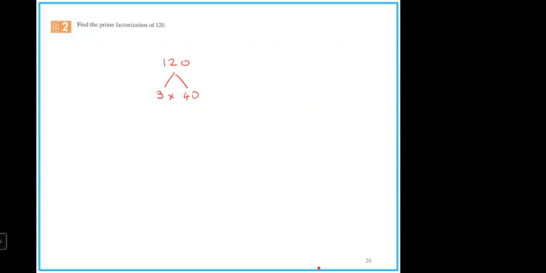Any of those prime? Only 3, not 40. So we circle the 3 because it's prime. All right, so the 40 could now be broken down into what? You have several numbers that can go into 40. Just choose one, it doesn't matter.